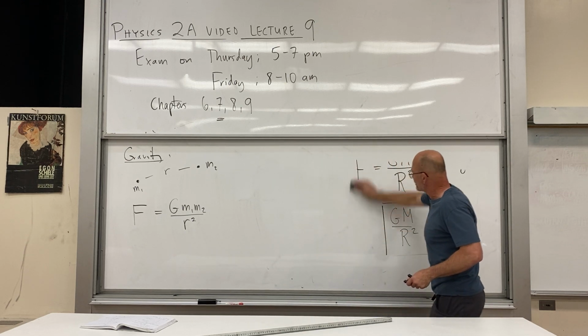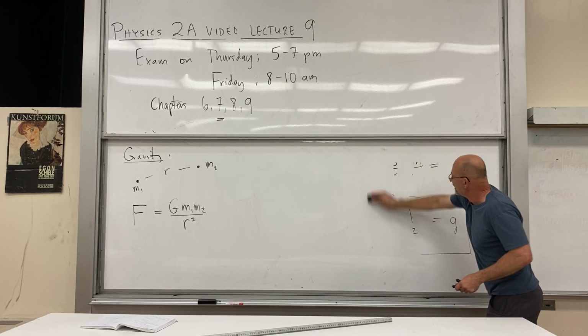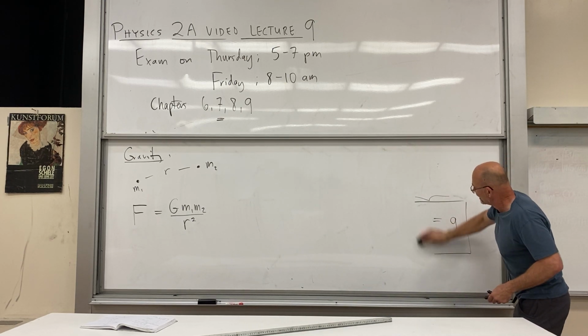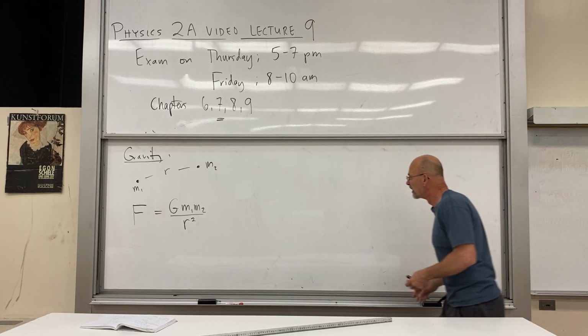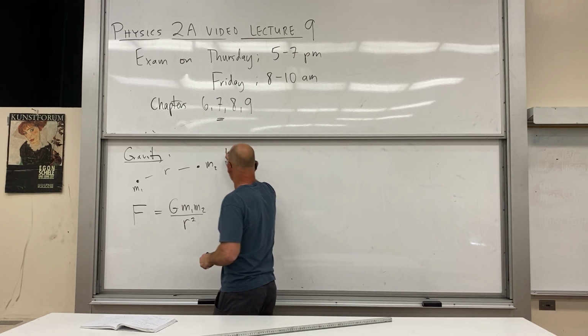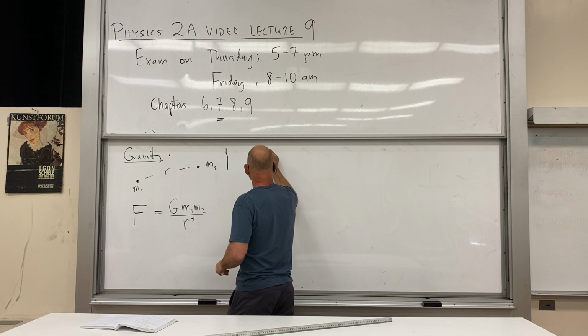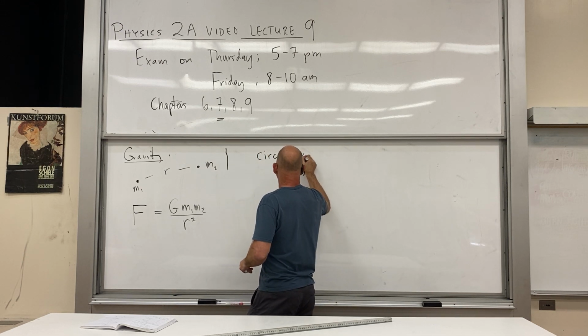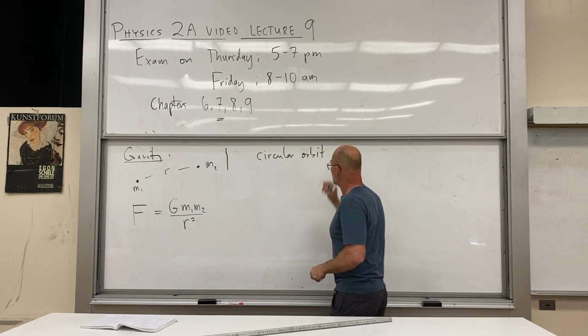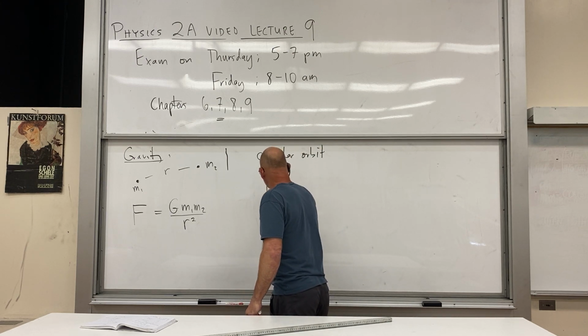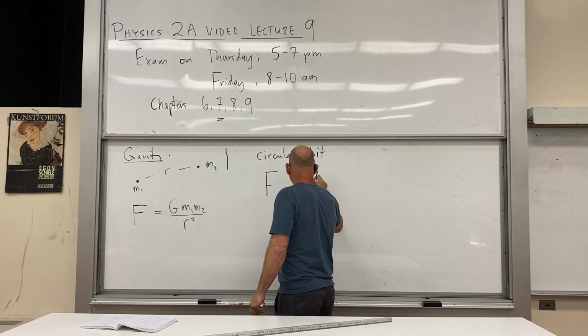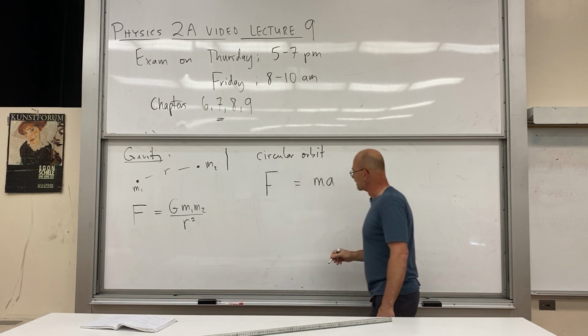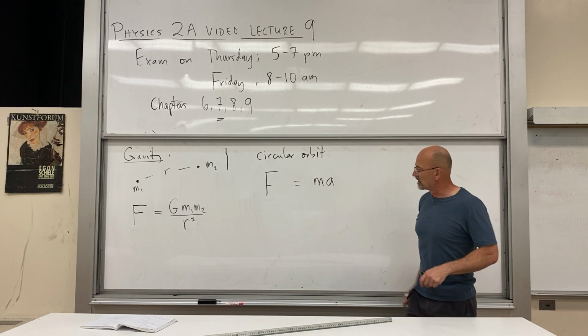So when we set up a circular orbit using Newtonian gravity, here we'll say circular orbit, then it's Newton's law like this. F equals ma. Always write that down for orientation.